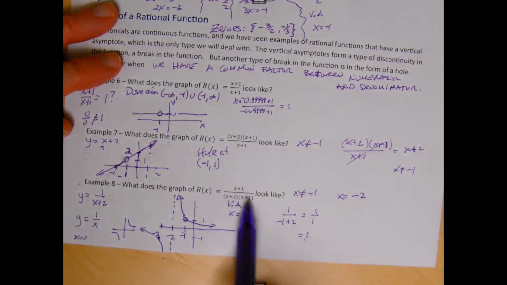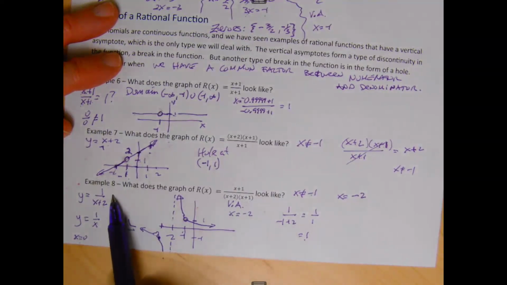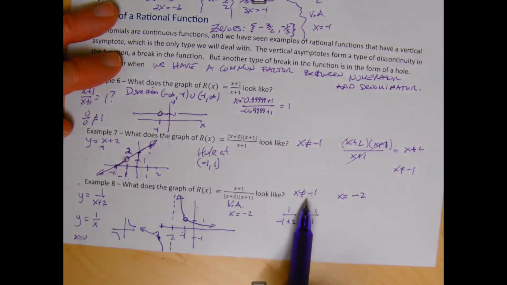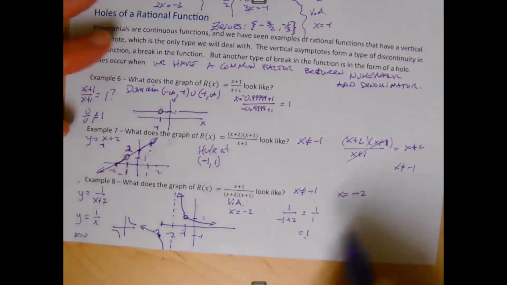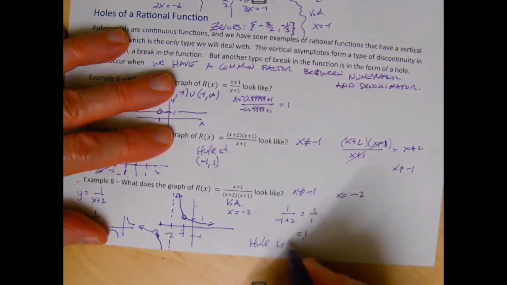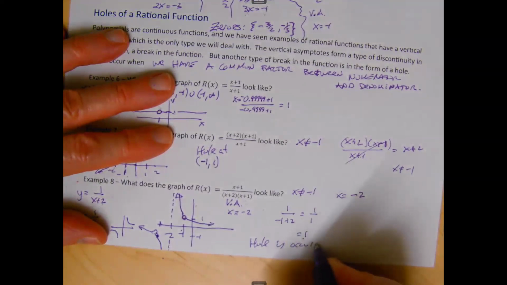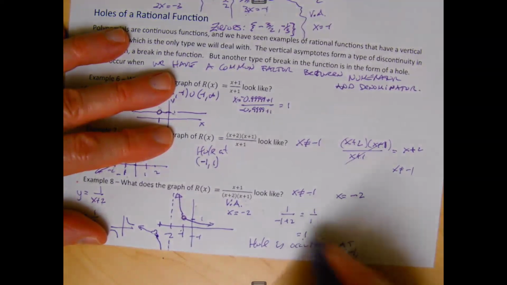You simplify it by getting rid of this, and then you have your brand new function. And then if you want to figure out where the hole is, plug this location in here, and that will tell you the coordinates. So again, the hole in this case is occurring at, here's my input, -1, and when I entered that, I got 1.